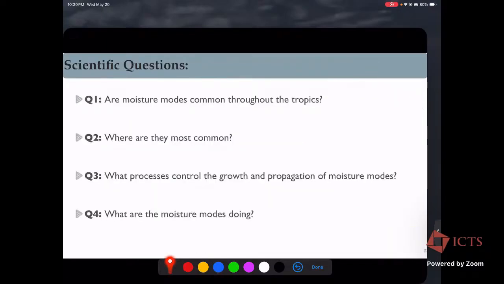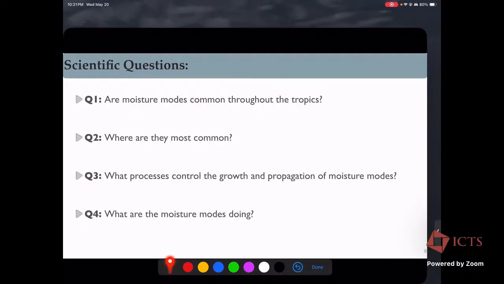Okay, after this quick introduction, we can try to answer the following questions in this talk. The first question is whether moisture modes exist or not. If moisture modes exist, where are they most common? The third question is, what processes control the growth and propagation of these moisture modes?